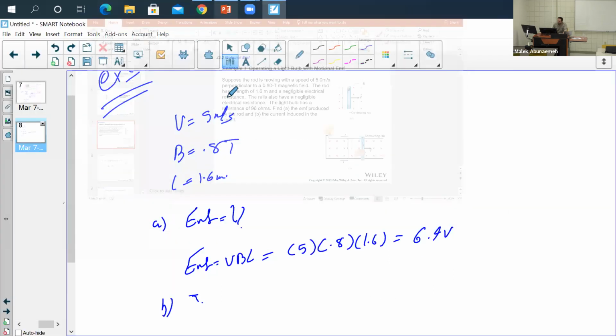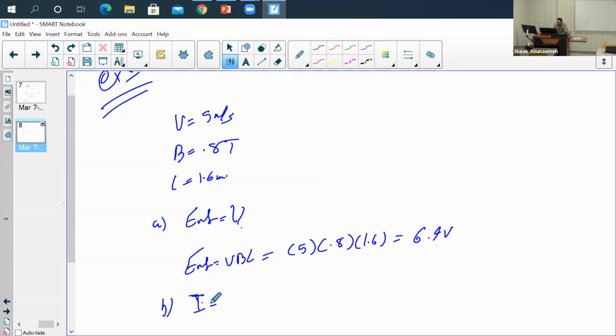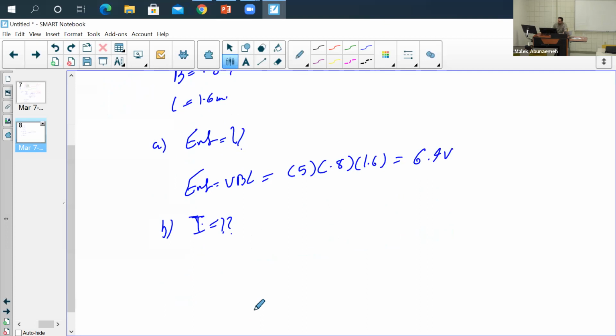Now, for part B, we want to find the current induced. Your current, again, is your V over R, which is your generated voltage.